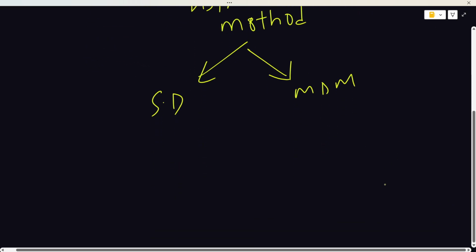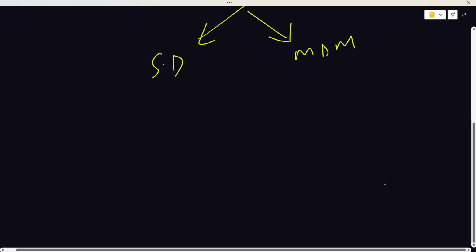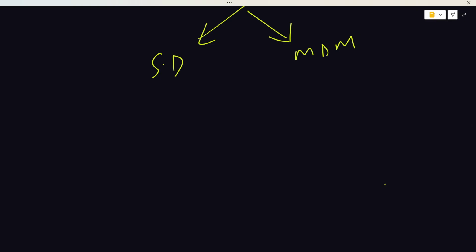So I like to think of this moment distribution method as a build-up on the slope deflection method, because when we are deriving some things, you will see that we are using the relations that we derived for the slope deflection method. Basically, this moment distribution method is an iterative process.